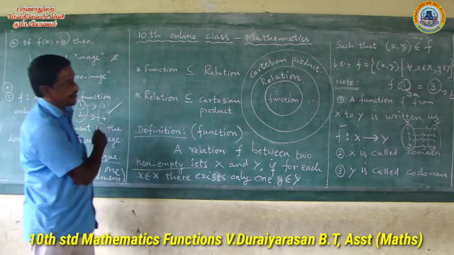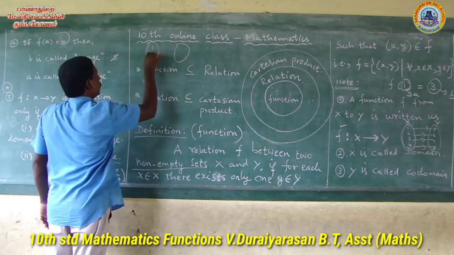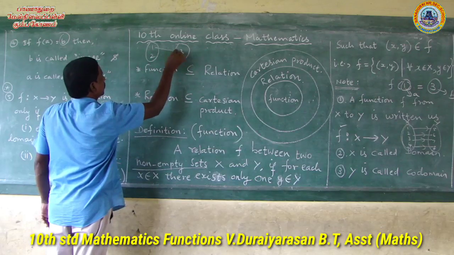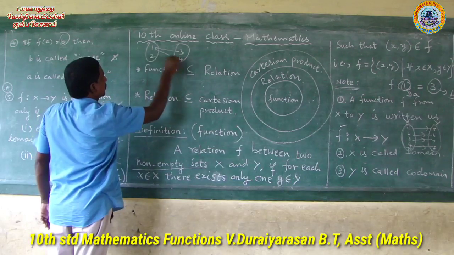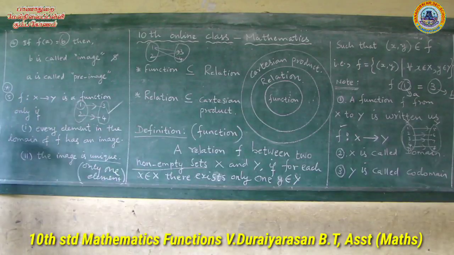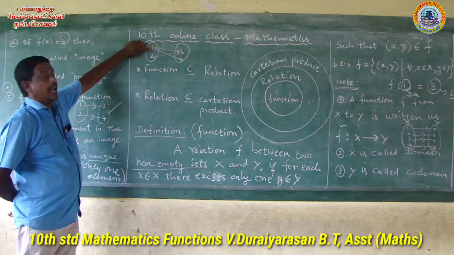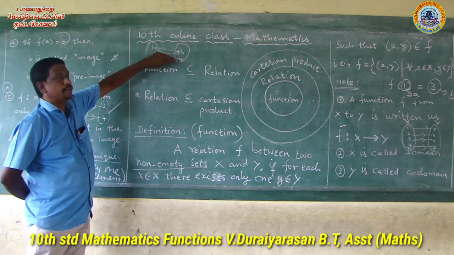What is another example? 1, 2, 3. Is this a function or not? What is the statement of function? It must satisfy the two statements. Every element in the domain of f has an image. Here, 1 has images 3 and 4.